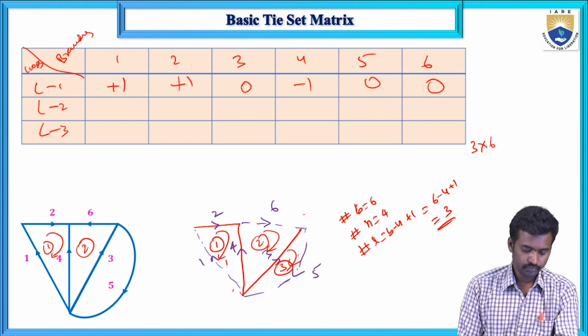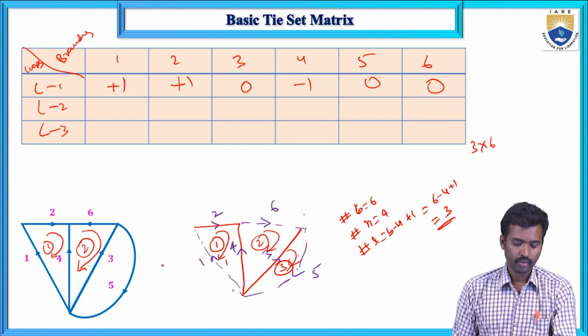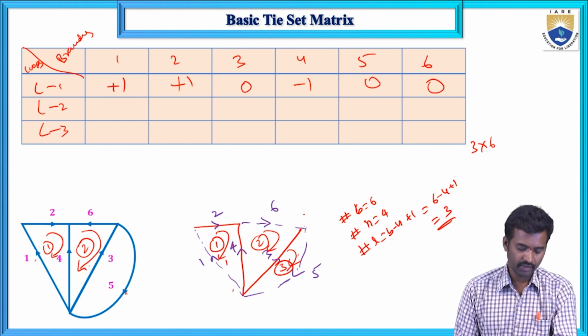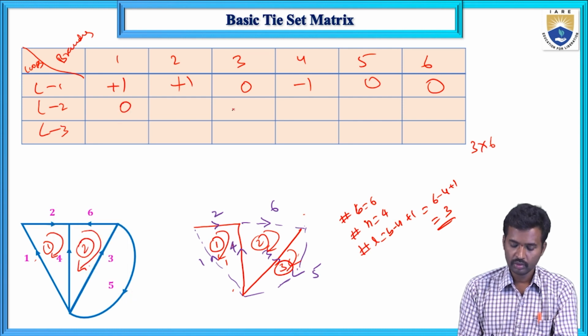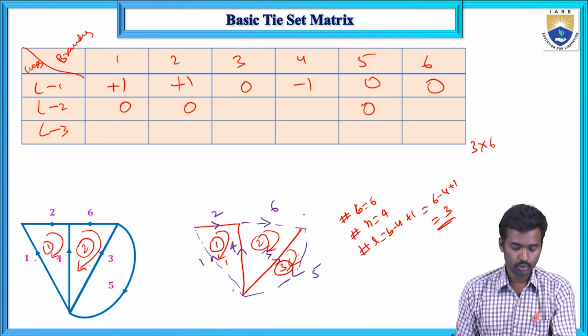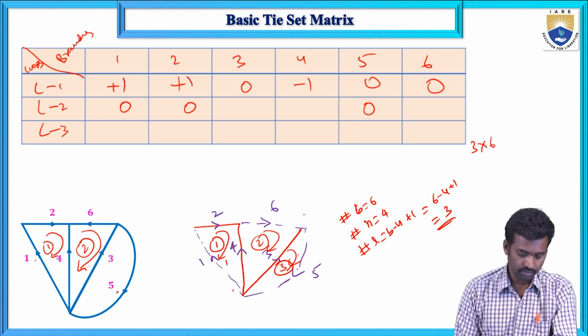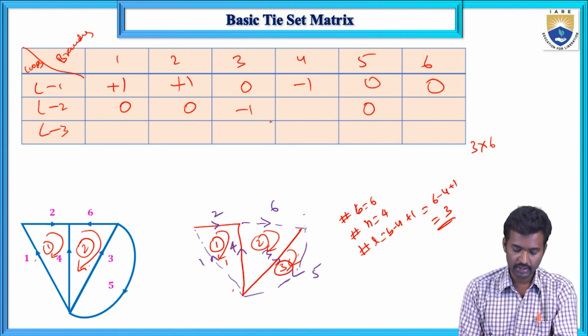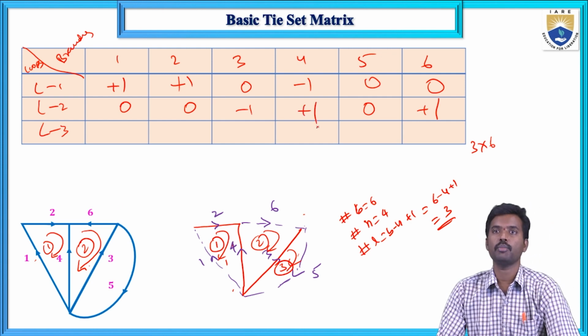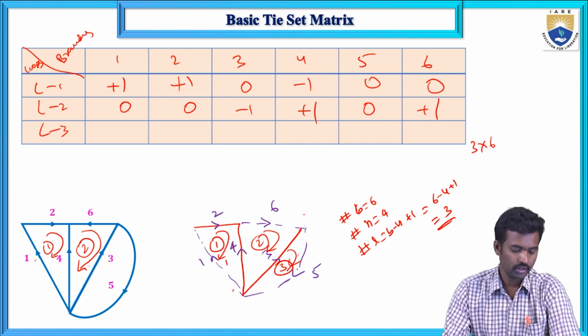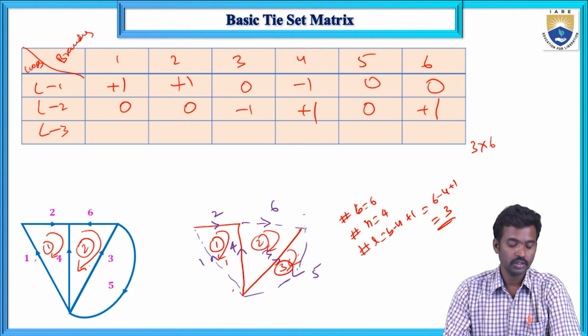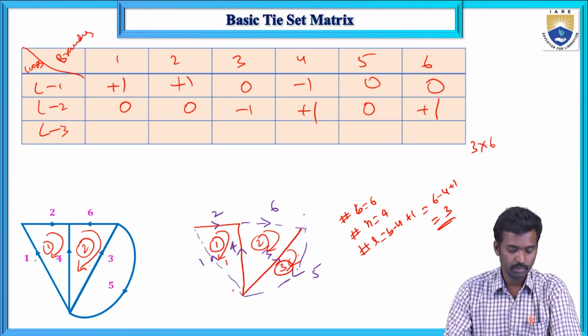Now the second one: 1, 2 and 5 are not associated, and 6 is the same direction, and 3 is the opposite direction, and 4 is the same direction, so plus 1. Same direction is plus, opposite direction is minus, and not associated with the branch current means 0.